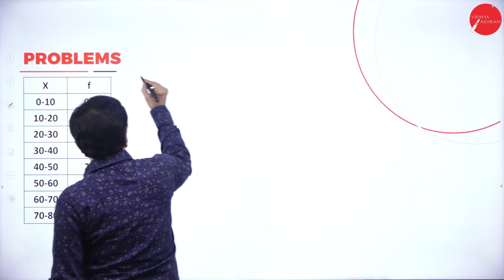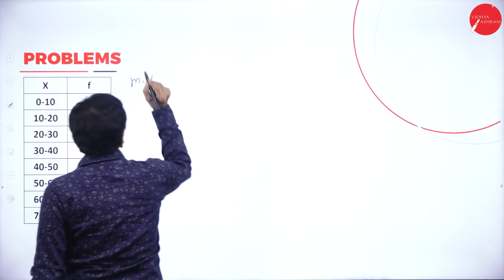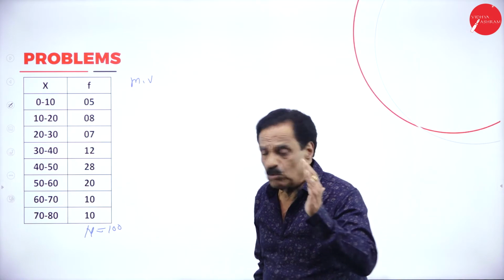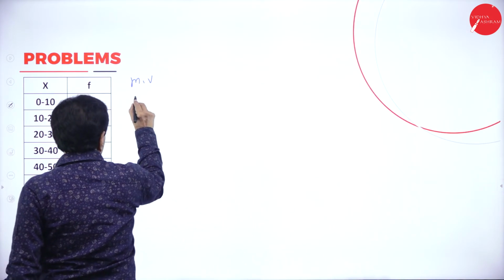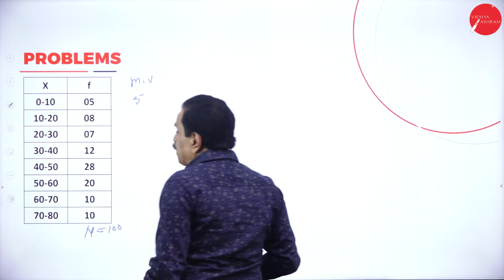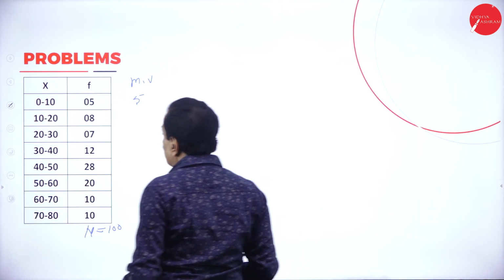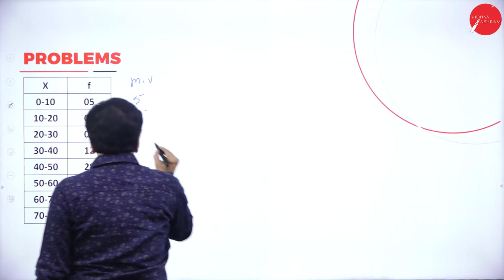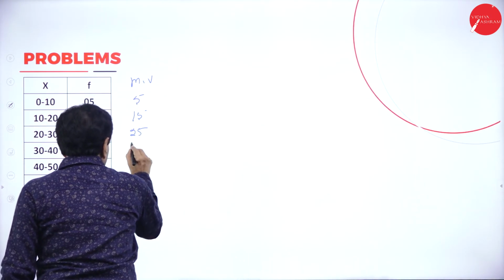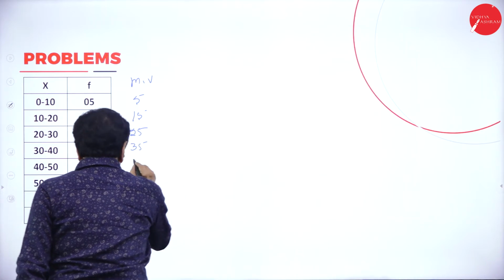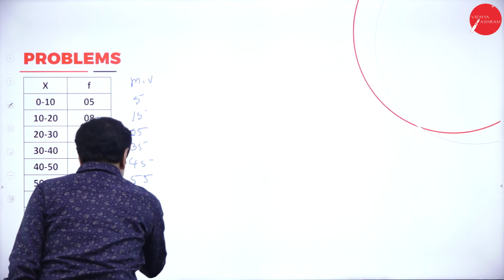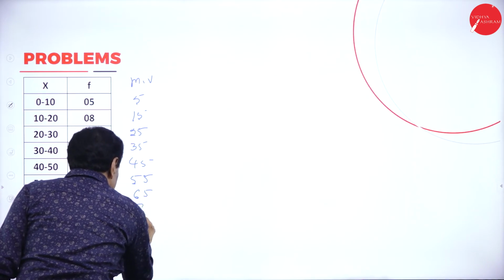Find out the mid value. So 0 plus 10 is 10 divided by 2 is 5. 10 plus 20 is 30 divided by 2 is 15. So there is a difference of 10 each, then 25, then 35, then 45, then 55, then 65, then 75.